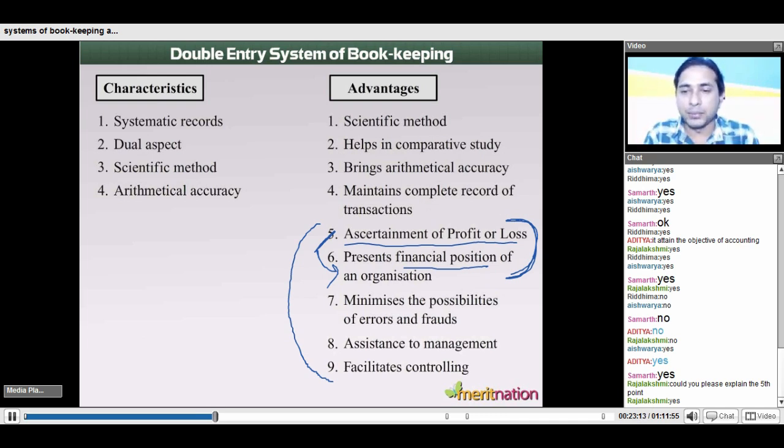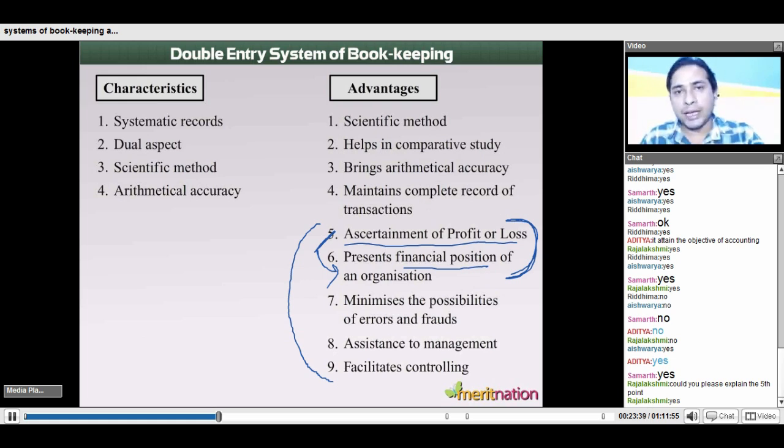Our recording is complete. Once we have the complete thing, none of the transactions are getting skipped. The accountant is recording every aspect of a transaction, so we have the complete record. Once we have the complete record, it is pretty easy for us to find the profit and loss.